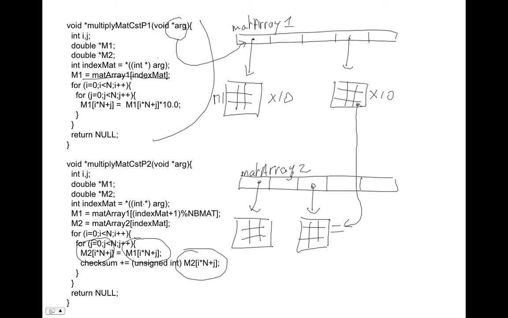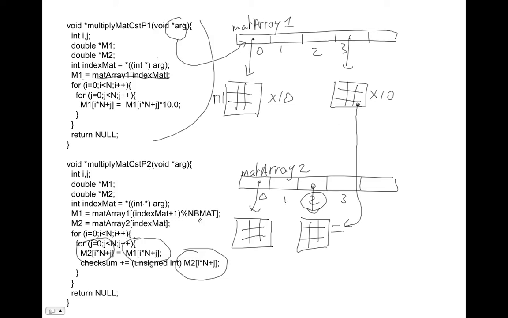So this is 0, 1, 2, 3, 0, 1, 2, 3, and for the third matrix in mat array 2, I'm taking the fourth one, so the element with index 3.